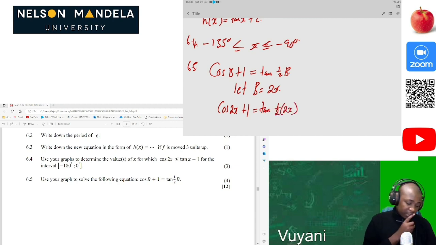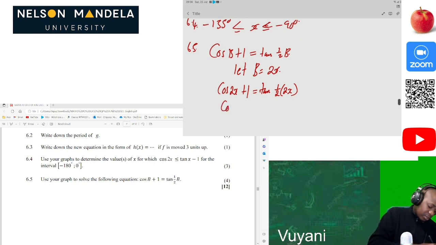That's already x, so that will be cos 2x plus 1 is equal to tan of x. Then cos 2x is equal to tan x minus 1.